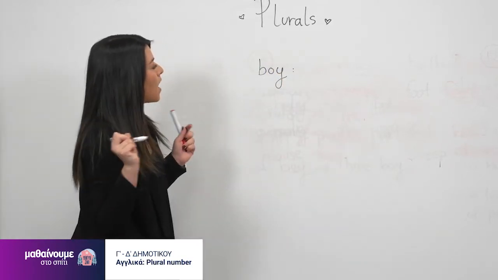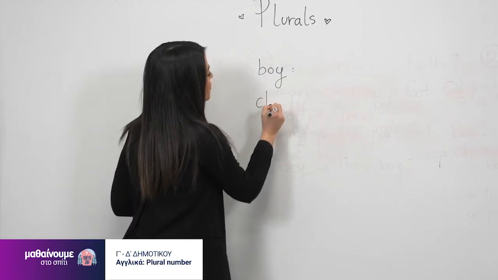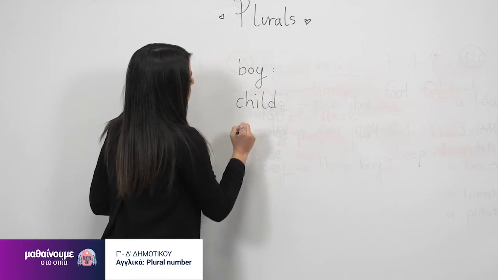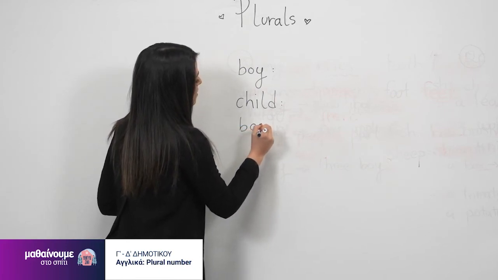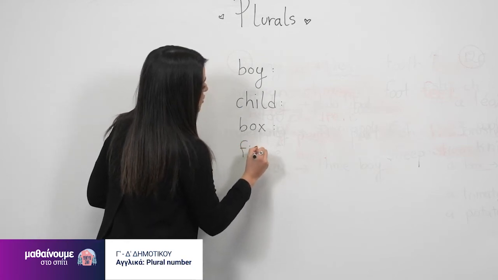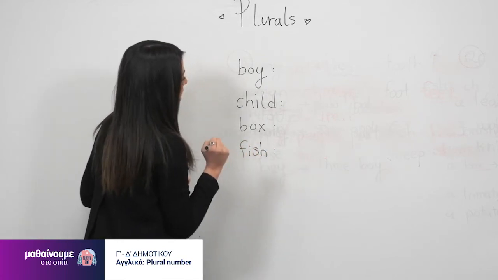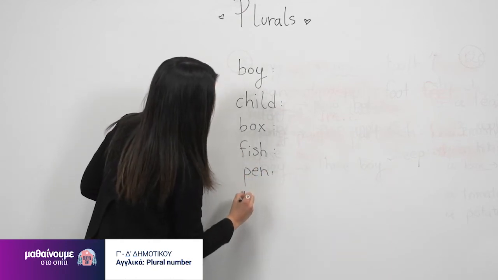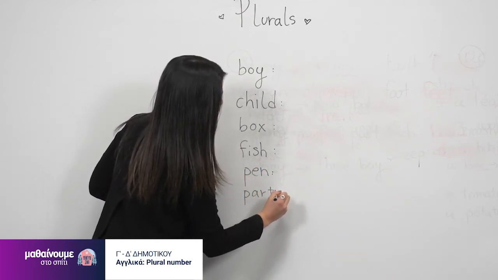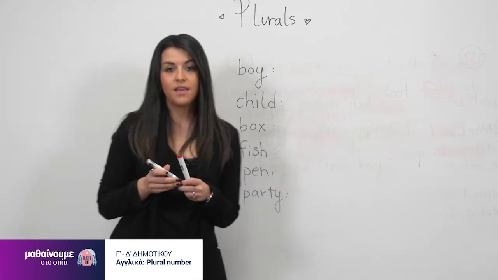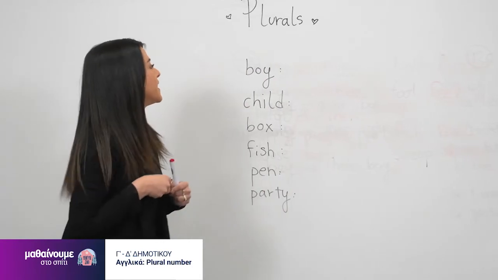Then I'll write some of them here so you have time to think. Child. Let's do box. Or fish. So I'm mixing everything. Pen. And party.